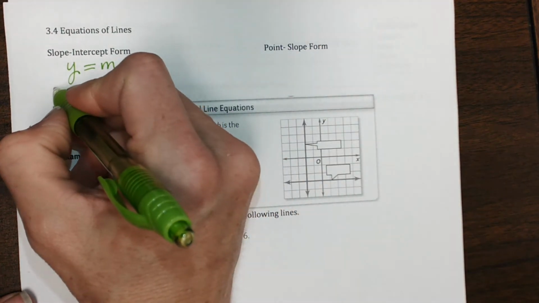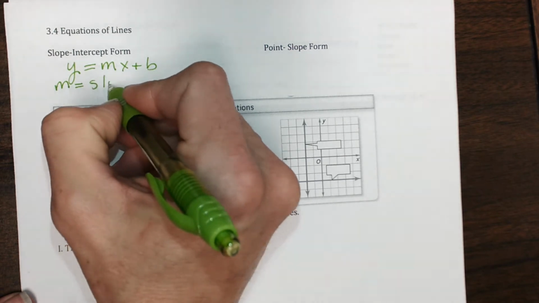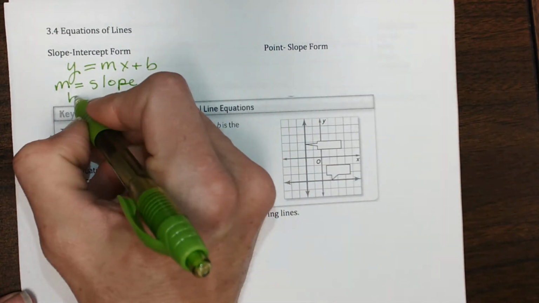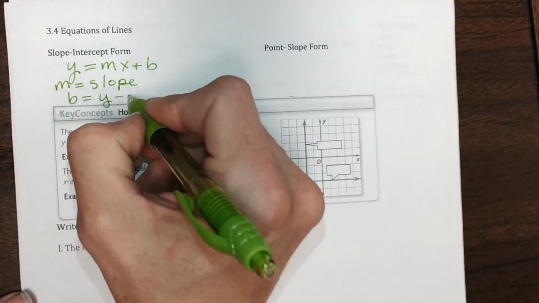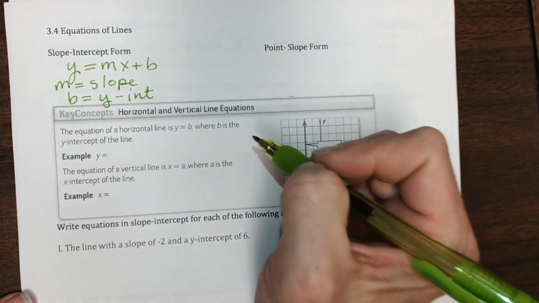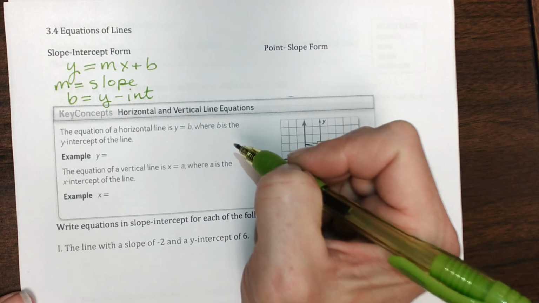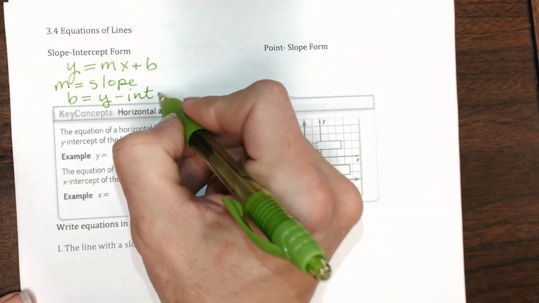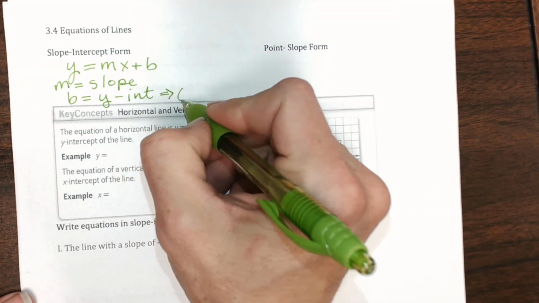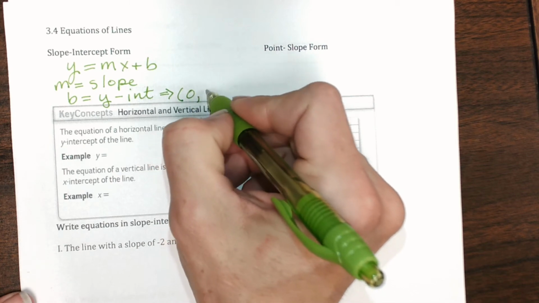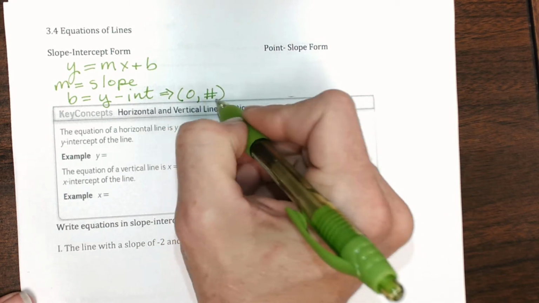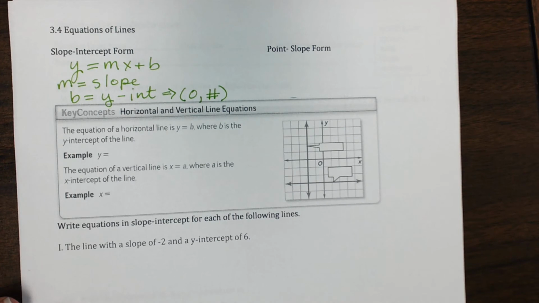Now here, remember that m is your slope and b is what we call the y-intercept. I also want to point out that sometimes you can be given the y-intercept as a point. So sometimes you may see the y-intercept as a point that's like (0, some number). This is also the y-intercept, right?